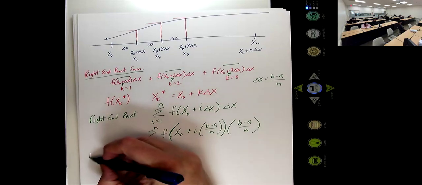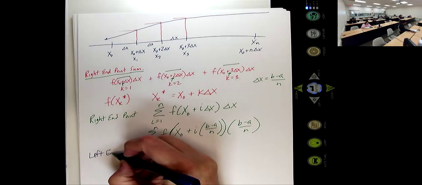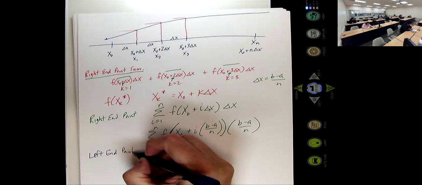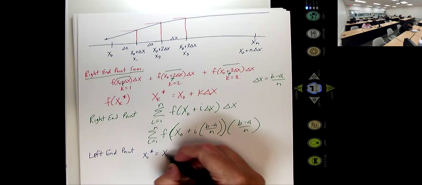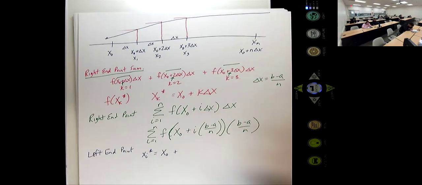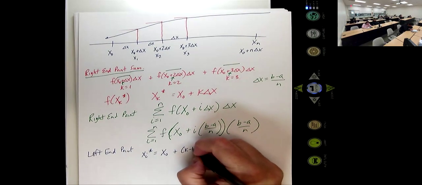It turns out if you do this same process for the left endpoint, x sub i star ends up being x naught plus k minus 1 delta x.